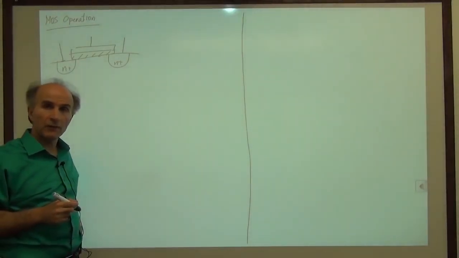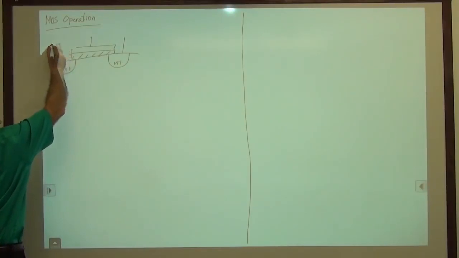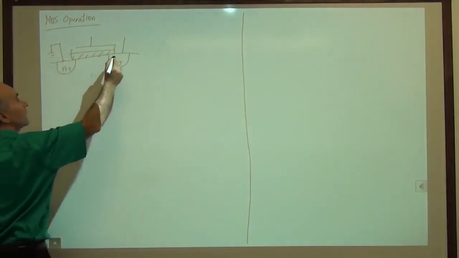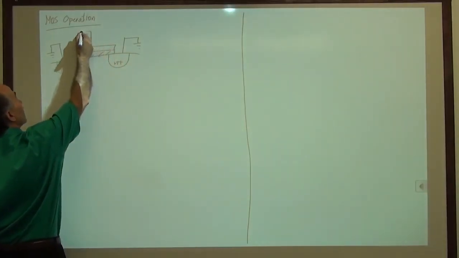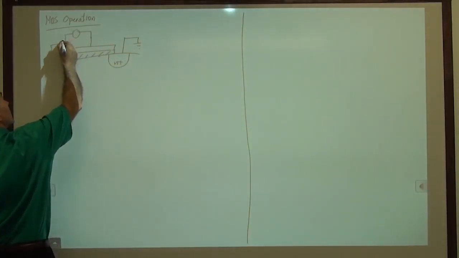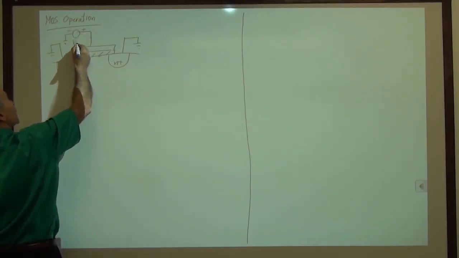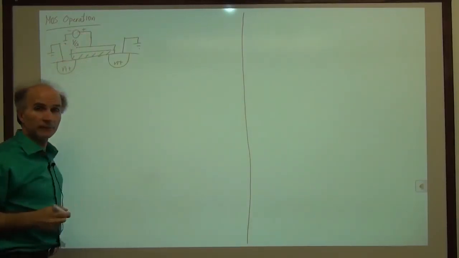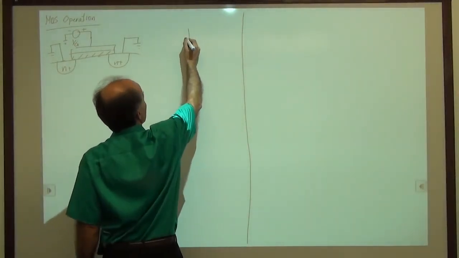Okay. In the first experiment, we will connect the source to ground, the drain to ground, and we just apply one voltage source between the gate and the ground. So we call this VG. So if I draw the symbol, that's what it looks like. Here's the symbol.